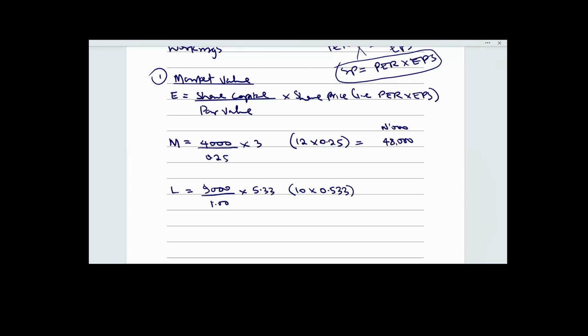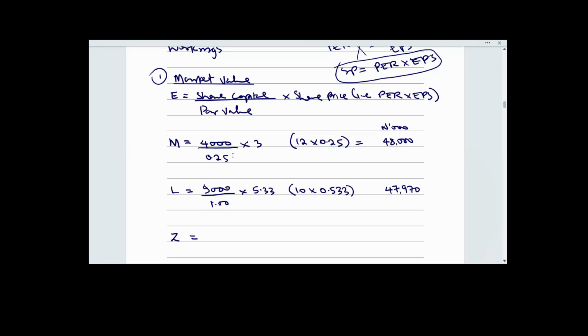All right, so 9,000 multiplied by 5.33 equals 47,970. Then you do for Zambezi.